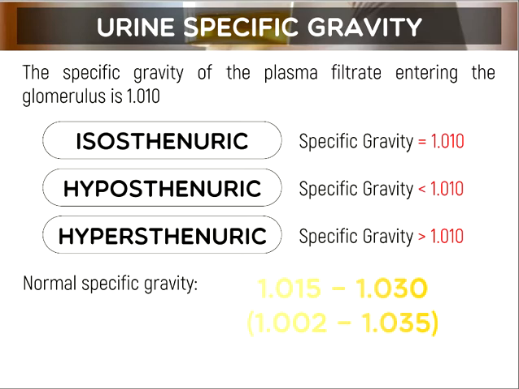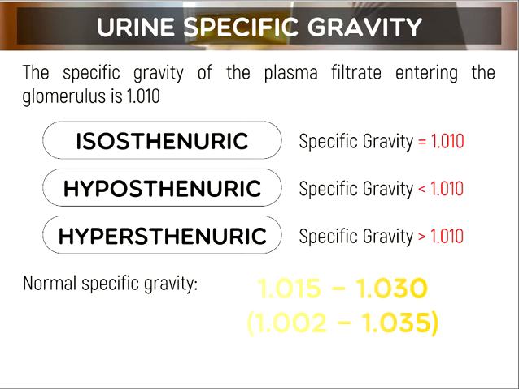Specific gravity lesser than 1.010 is hyposthenuric, and greater than 1.010 is hypersthenuric. Normal specific gravity ranges from 1.015 to 1.030. Some laboratories consider 1.002 to 1.035, but for this lesson, we'll stick with 1.015 to 1.030.